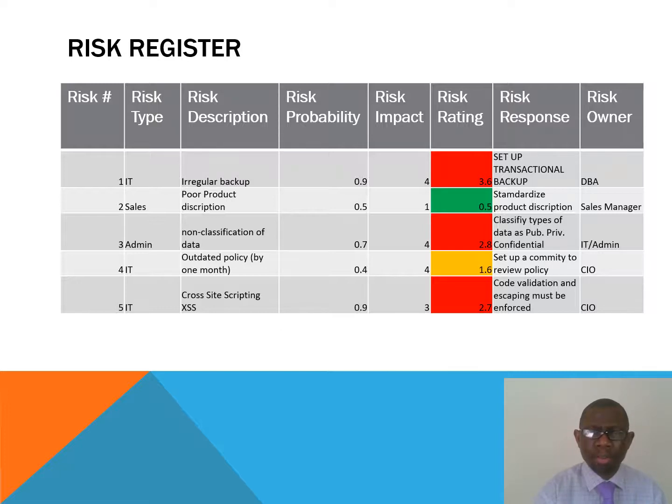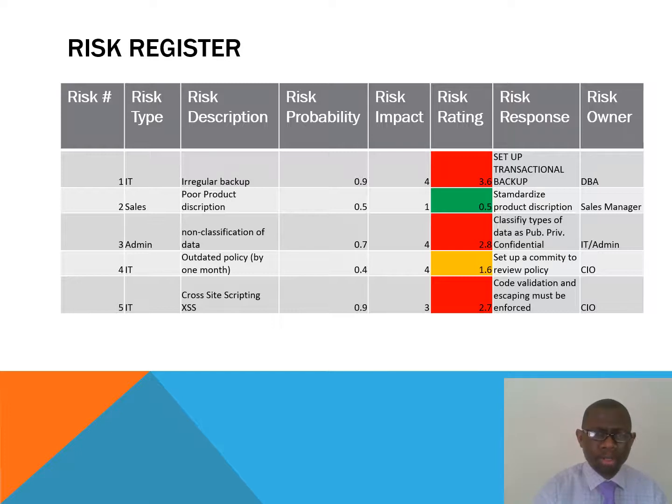There is no universal standard, or no one way to rate a risk. It depends on the organization, on the policy of the organization, and on who is working on the risk. Here, we have from 0.1 to 0.9. 0.1 means 10% probability, 0.4 is 40% probability, and 0.9 is 90% probability that the event will occur.